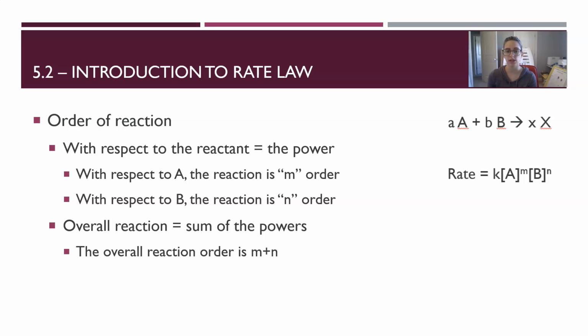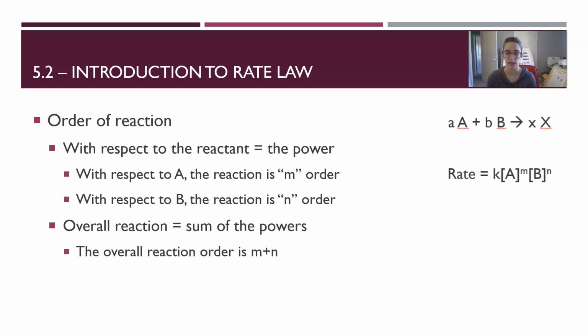So we can talk about the order of the reaction in two different ways. We can talk about it with respect to a certain reactant, in which case we write it as the power in the rate law. So we would say that with respect to A, so reactant A, the reaction is M order because the M is the power on the A species in the rate law.